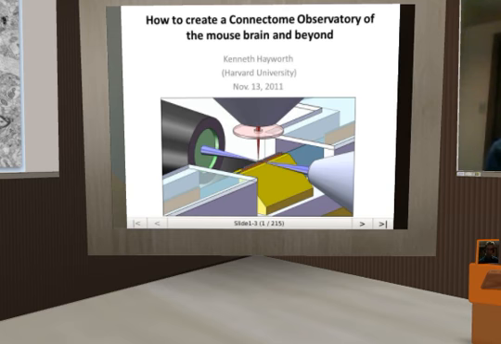Okay. Yeah, I agree with that. I would say that there is already evidence that the knowledge of circuit connectivity is reliably correlated with the function that is recorded in cells.